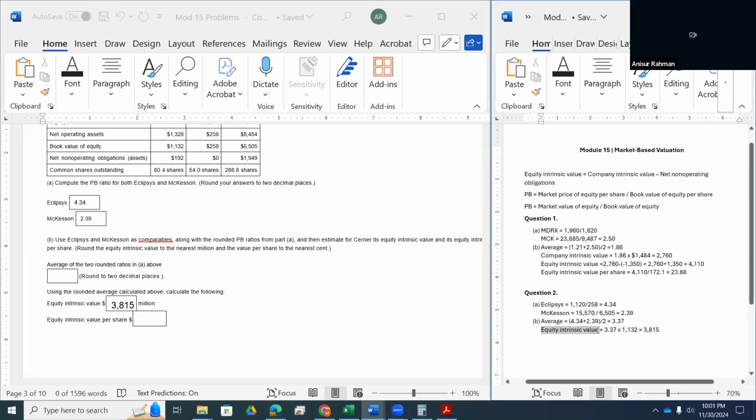Now, equity intrinsic value per share will be just equity intrinsic value divided by number of shares, which is 80.4.